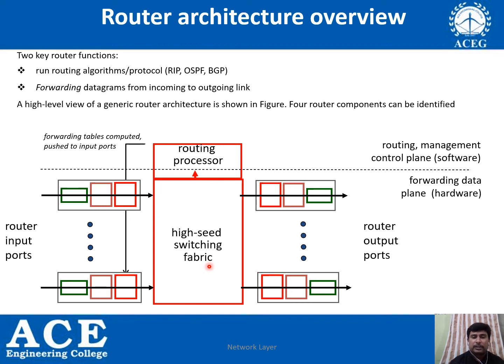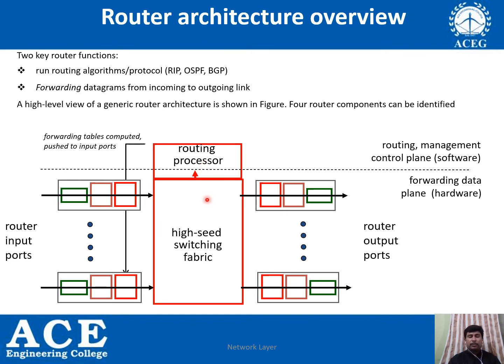Now the switching fabric is the element which will try to determine the appropriate output port link interface, and the forwarding table will be calculated by this switching fabric. The routing algorithm which is required for routing the packet from the source to destination will be performed by an element called the routing processor.